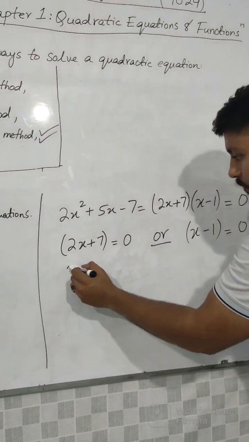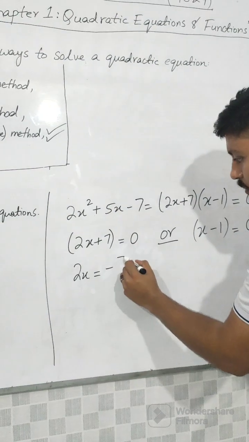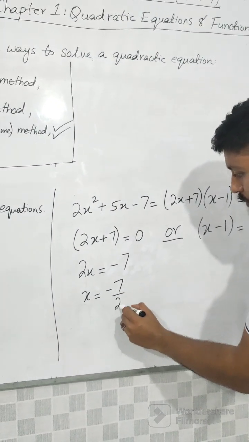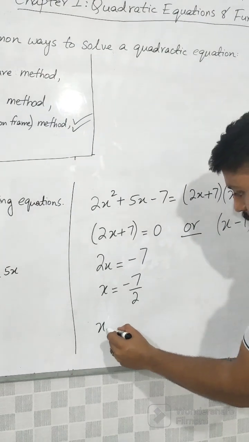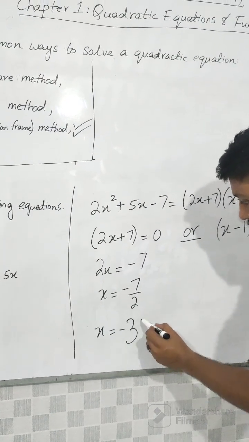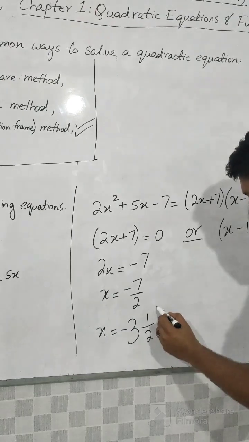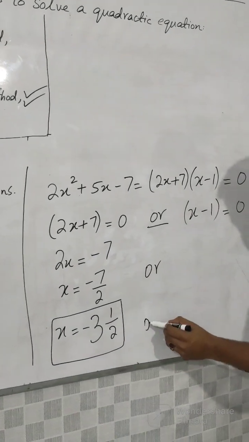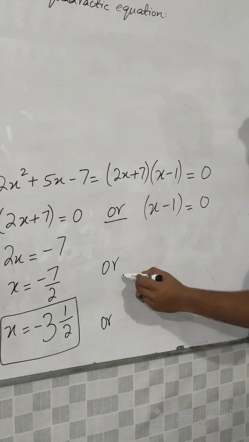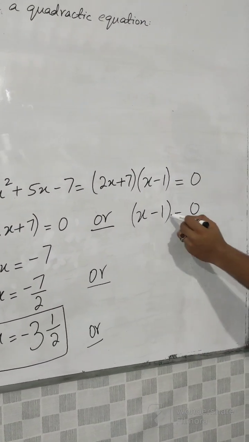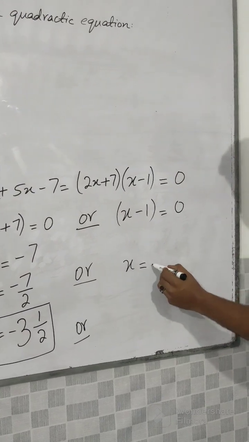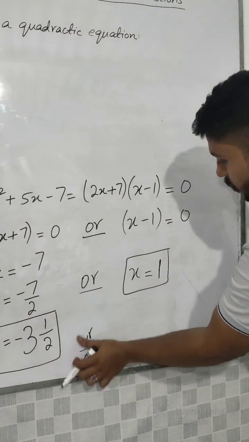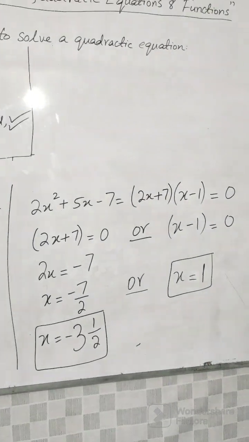So the first value, 2x plus 7 equals 0, gives x equals minus 7 over 2, which is the final answer, minus 3 whole 1 over 2. And the second value, x minus 1 equals 0, gives you x equals plus 1. So this will be it.